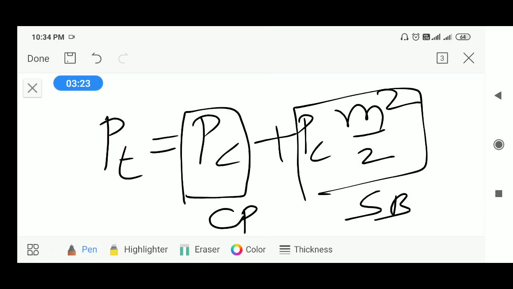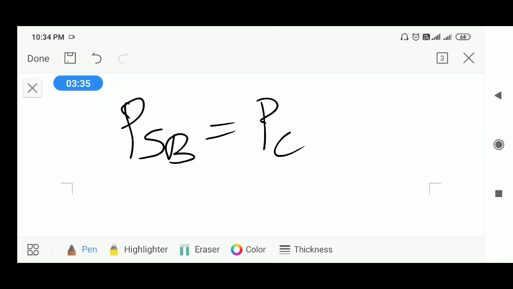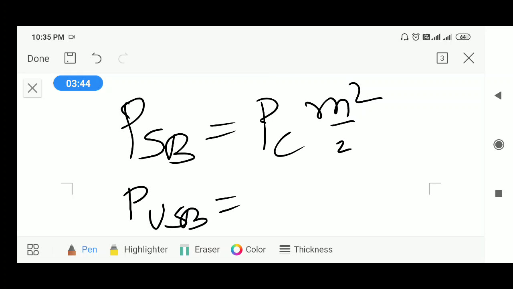This is carrier power. So in AM there are 2 sidebands and 1 carrier. The power of the 2 sidebands is P sideband equal to PC into m square by 2, and each sideband is half of the total sideband power, because both sidebands have equal amplitudes. Hence the power in each sideband is the same as the power in the other sideband.